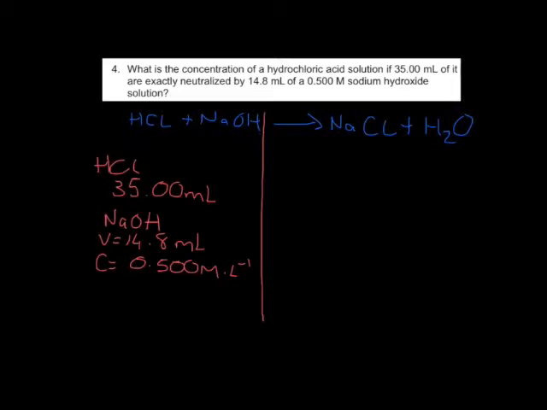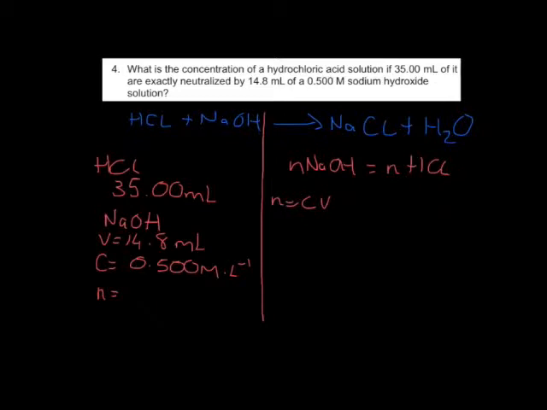So if I have a look at what that means for my calculations then, it means that the number of moles of NaOH is equal to the number of moles of HCl. I can then find out the number of moles of NaOH that I used in this solution. So let's have a go at doing that. Remember that n equals CV, so I need to times these two together.